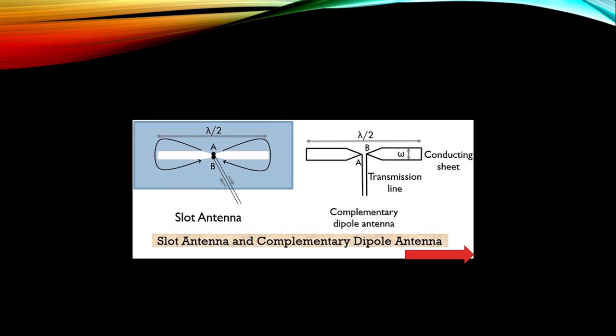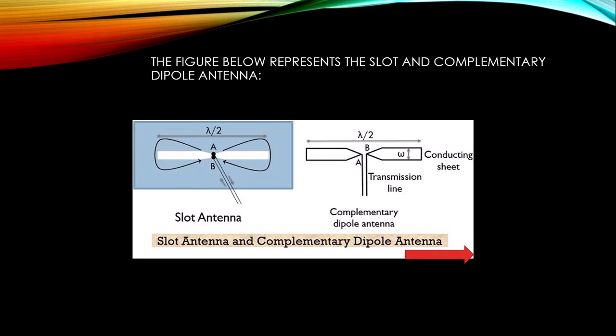Here the external feed, which is used as the excitation, is provided at the center of the slot using the two-wire transmission line. The impedance of the slot antenna relies on the feed point position, as you can see here.